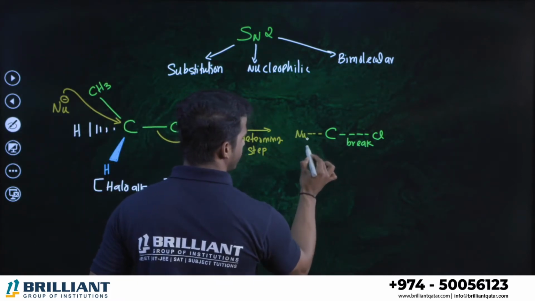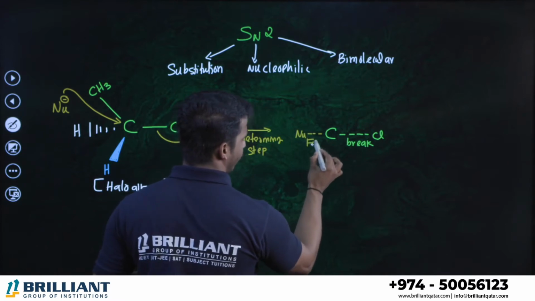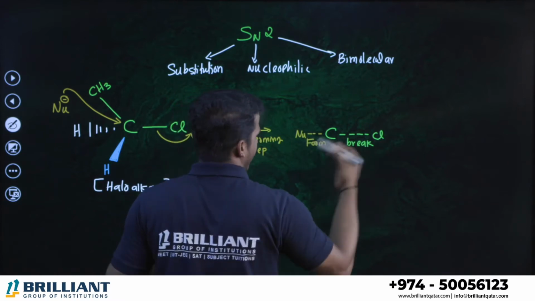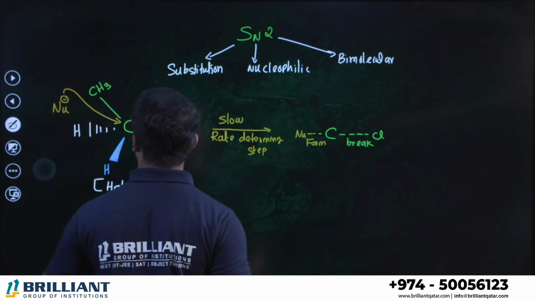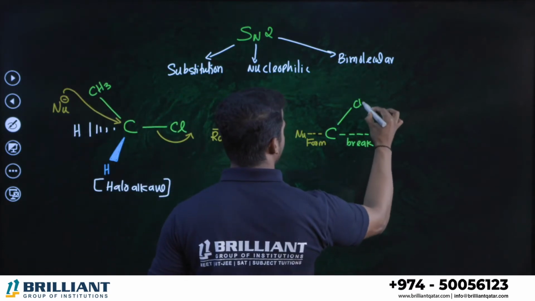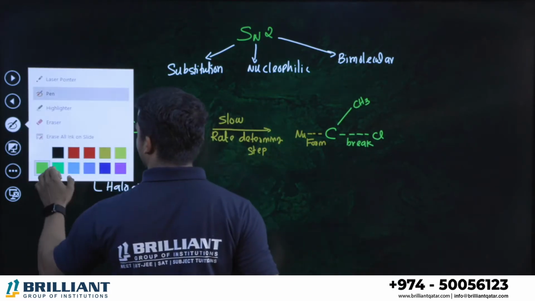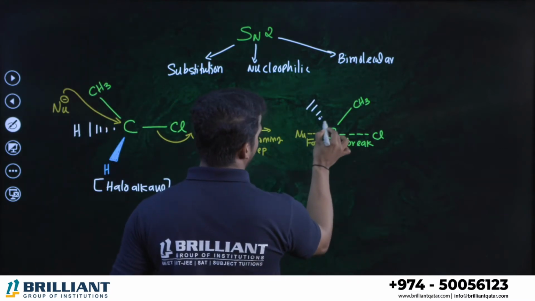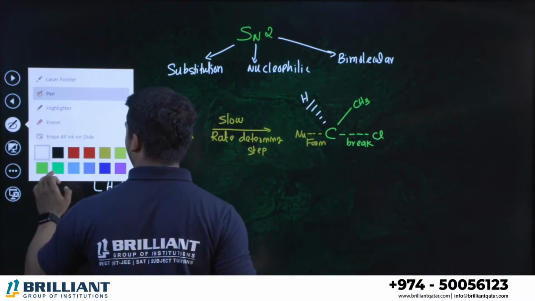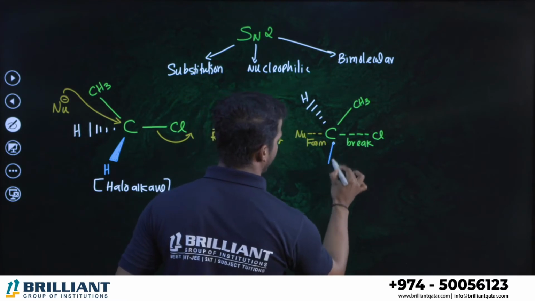This bond is going to form, and this bond is going to break. What about the other species? There is a CH3, there is a hydrogen, and then another hydrogen.